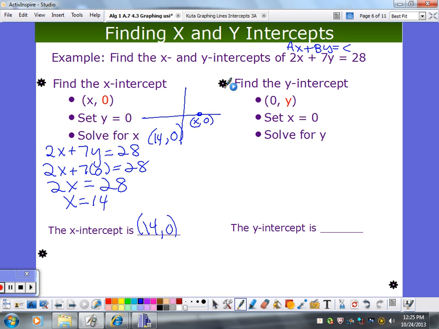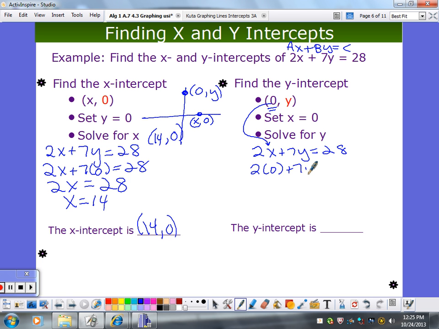Now the y-intercept works the other way. My y-intercept is somewhere up here or down there. I don't know, it could be down here. I know its x is 0. I don't know what the y is. I don't know how much to go up or down yet. But I know half of the coordinate. So I'm going to take my 2x plus 7y equals 28. I know what x is. It's 0.